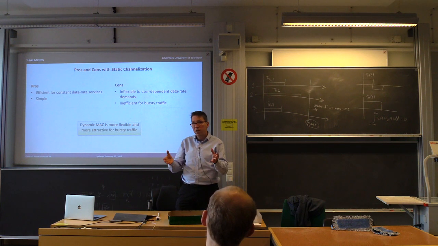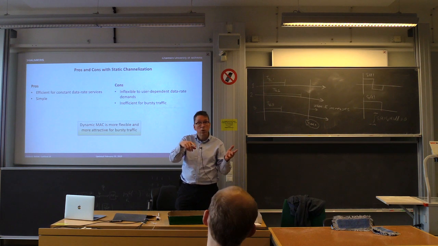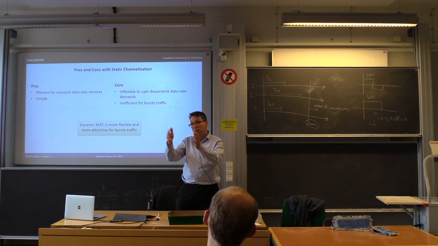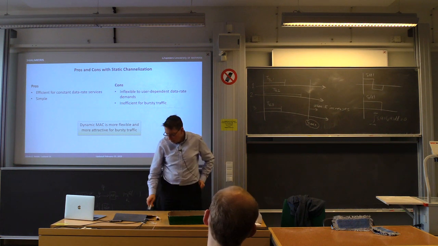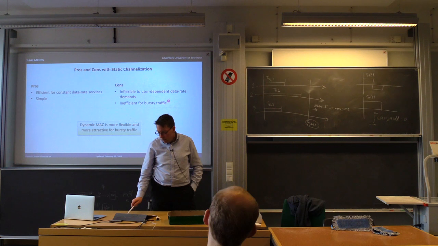Sometimes you have a need for data, and then you have a need for a lot of data, but only for a limited amount of time. And then it's better that instead of waiting for your time slot, you get the time you need in order to do your transmission, and then you're done for a while, and then somebody else can use the full system, right? So when it comes to data communication, basically these cons are such that we don't do fixed channelization.